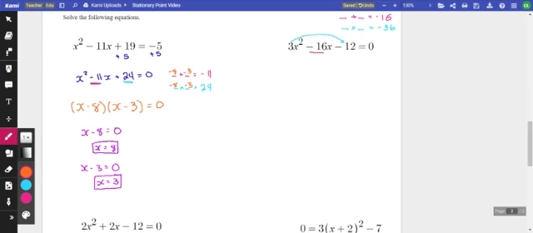So negative 36, so start thinking of some factors of 36. So 6 times 6, that's not going to give us 16. 8 times 4, not going to get us to 16. 12 and 3, not going to get us to 16. So you just kind of have to go through some different ones and figure out a way to be able to get to 16.